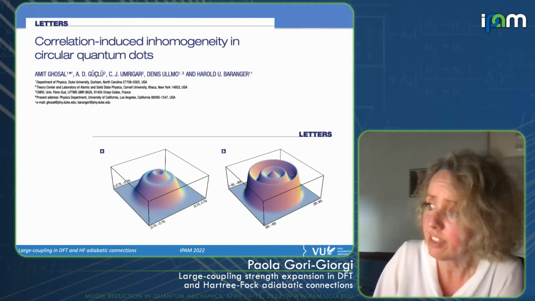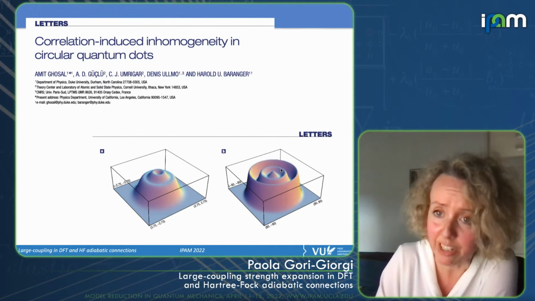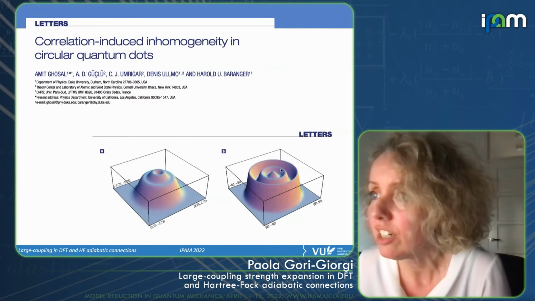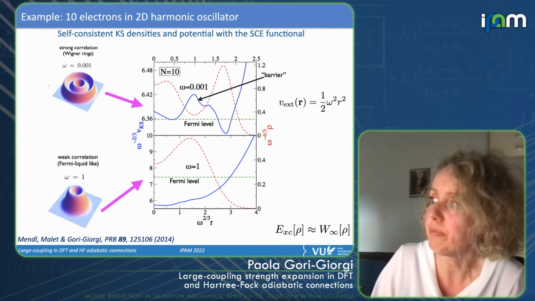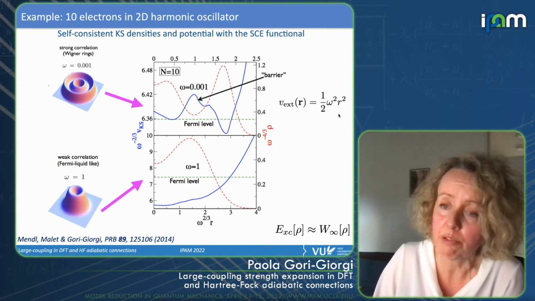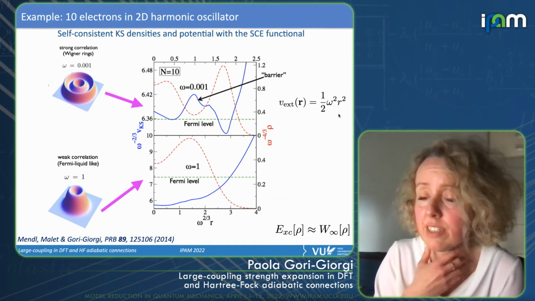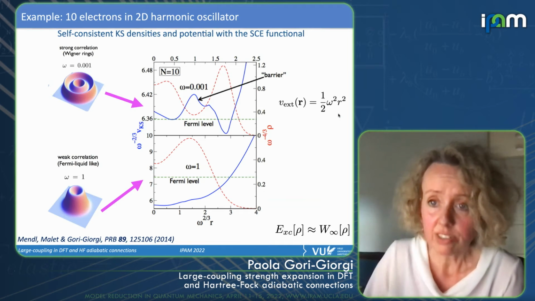And these very low density Wigner rings are essentially impossible to describe typically with Kohn-Sham with the usual approximations. What was nice is that what we did was to implement Kohn-Sham with this strictly correlated electron functional, which for a spherically symmetric system is easy to compute, doing self-consistent Kohn-Sham.